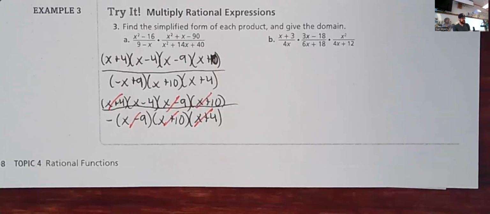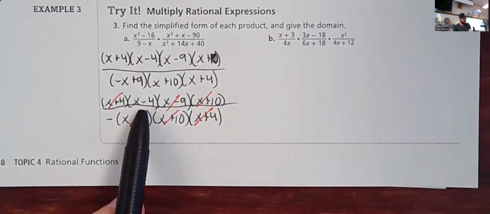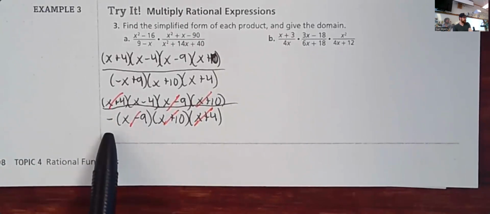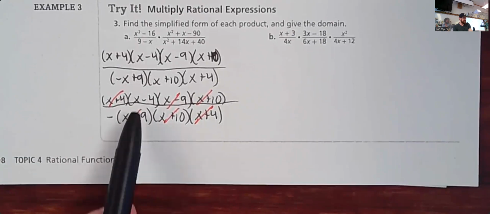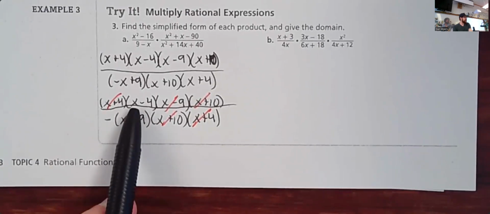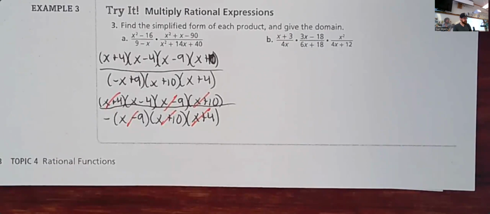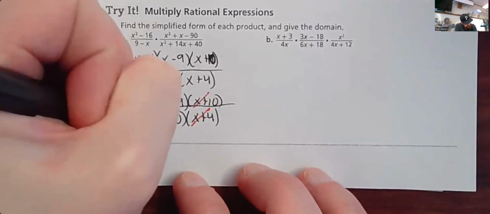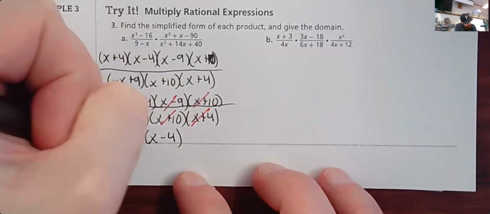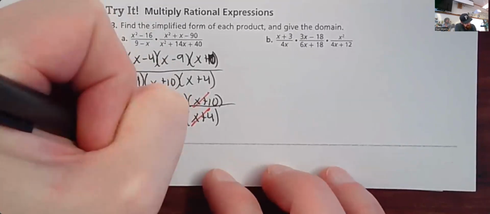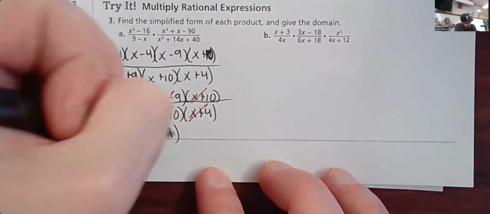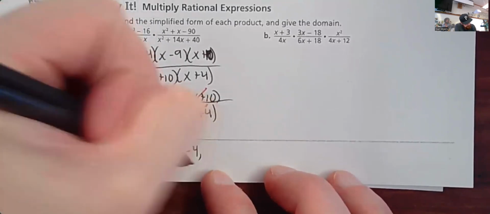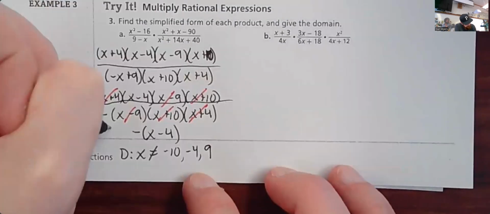So the only thing we're left with is x minus 4 on the numerator and then the negative on the denominator, which means we can just put the negative outside the x minus 4 and have that be our only expression. So this is going to equal the opposite of x minus 4. And the domain is all values of x except for negative 10, negative 4, and 9.